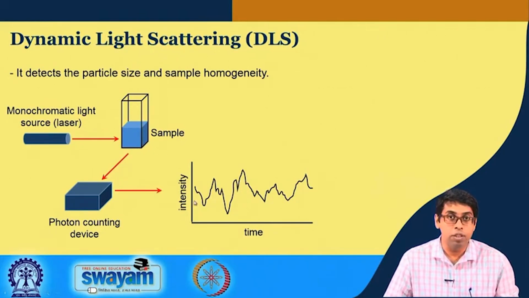So, the result you will see is faster fluctuations, and if the particle size is big, the Brownian motion becomes slower, and then this fluctuation also becomes slower. Based on these fluctuations, a correlation function is determined which can be used to determine the size of the particle. If you have again a monomer and a tetramer, you will get a mixture of signals coming from both the monomer and tetramer, which has to be deconvoluted to get the size of these two particles.